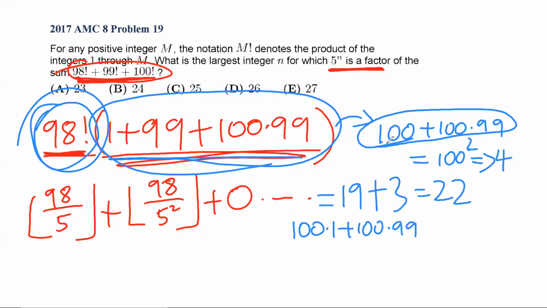So when you factor out 100, that gives 1 plus 99, which is just equal to 100 times 100. Okay, so any more questions? Okay, so let's move on.